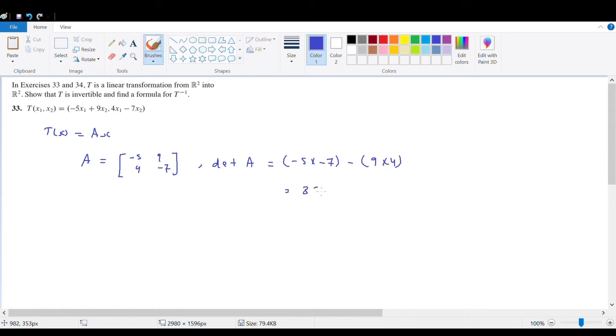This gives us 35 minus 36, which equals -1. So A is invertible. Since A is invertible, that means T is also invertible.